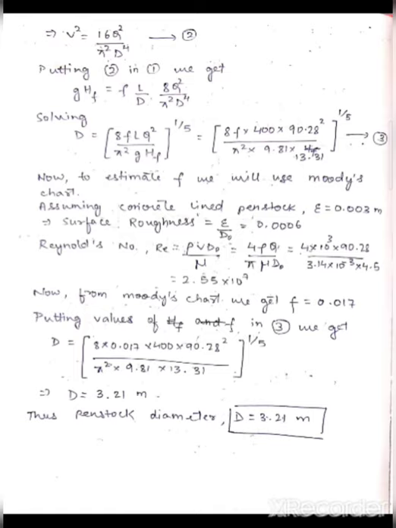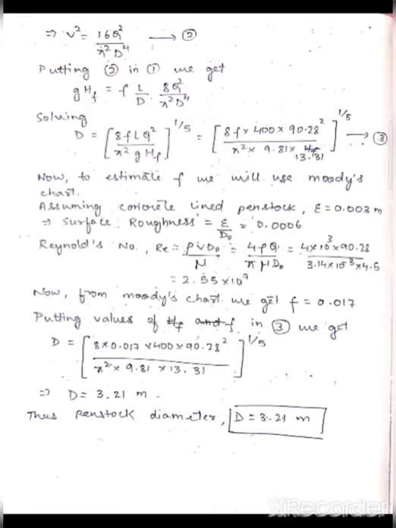We know that in the Moody's chart there are 3 axes. One is of frictional factor, one is of Reynolds number, and one is of surface roughness. So to find out F, we'll need to know surface roughness and Reynolds number. Let us assume the penstock to be concrete lined, which gives us the epsilon, surface roughness, to be equal to 0.003 meter.